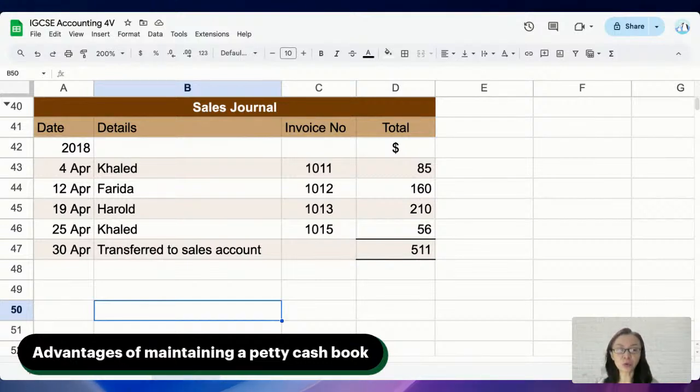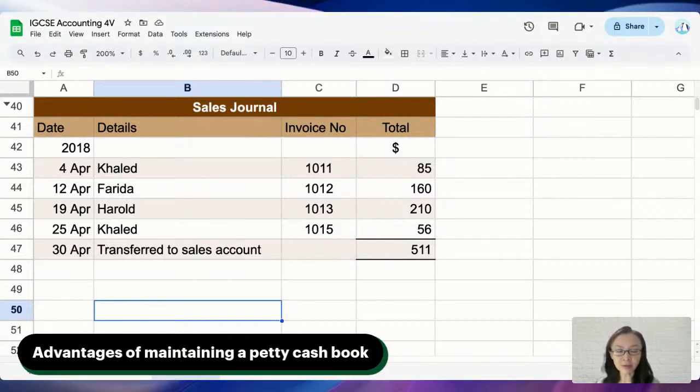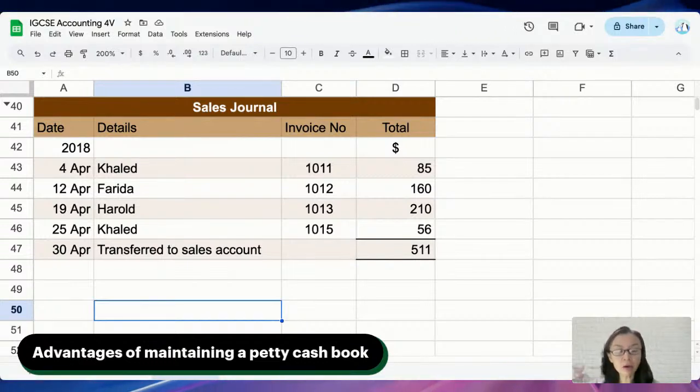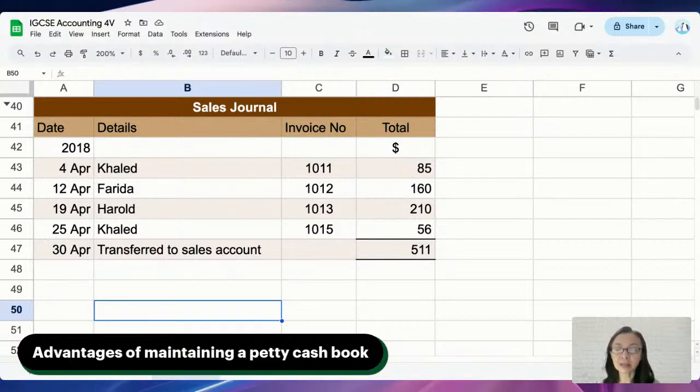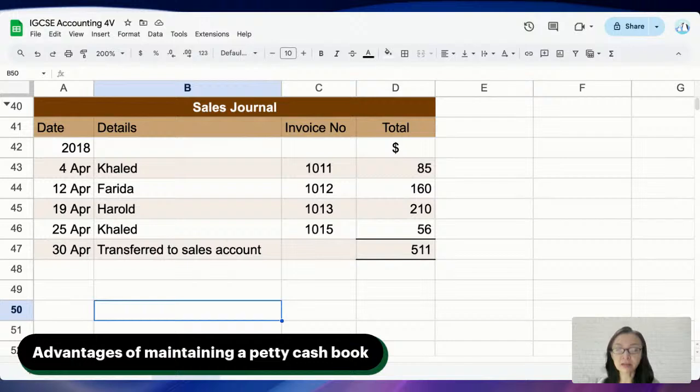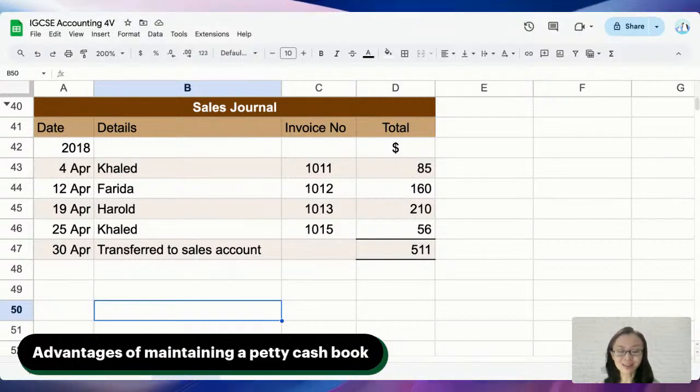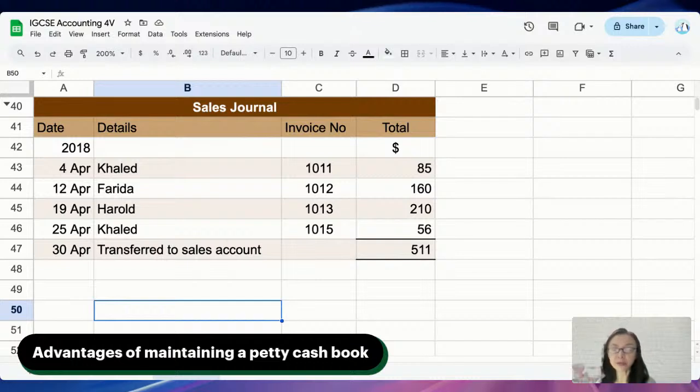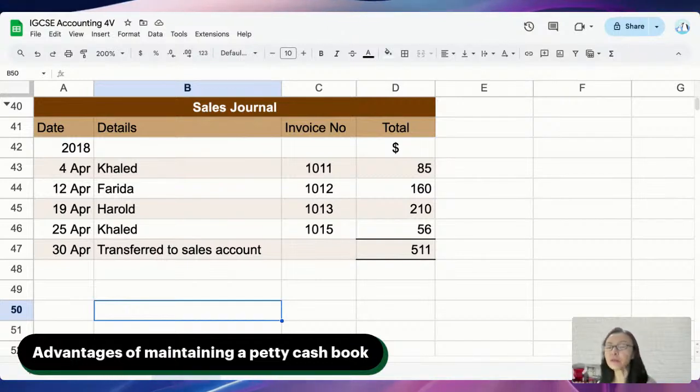Remember in the invoice module, we mentioned that when we have a credit sale, we will issue an invoice. So you need to indicate the reference number of this invoice in the sales journal. In this case it is 1011. This is the number, and then the amount of the sales invoice. So this is how a sales journal looks like. I hope this is clear for everyone.